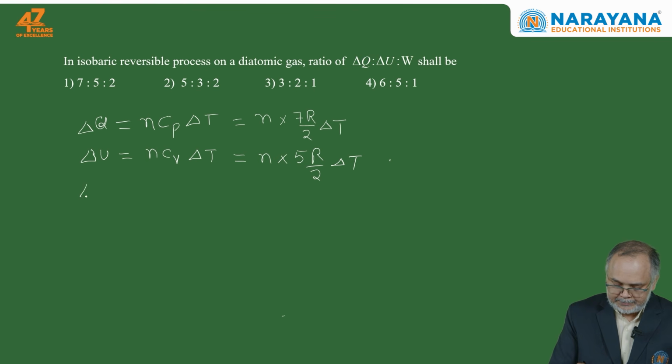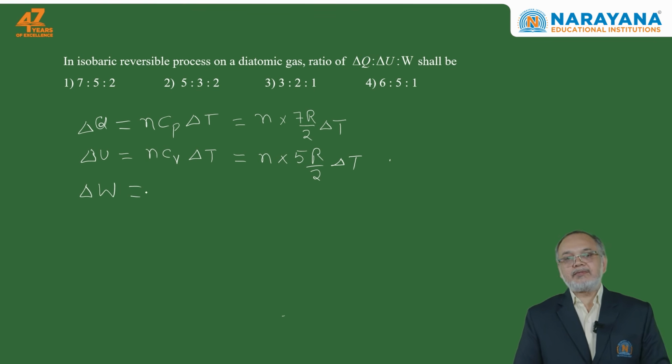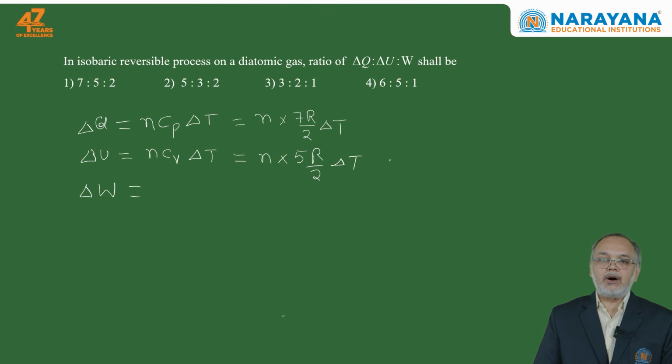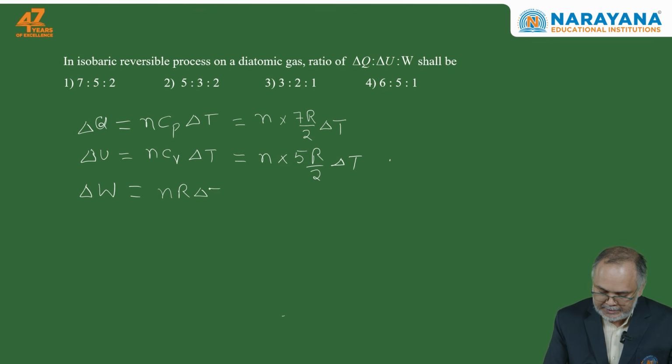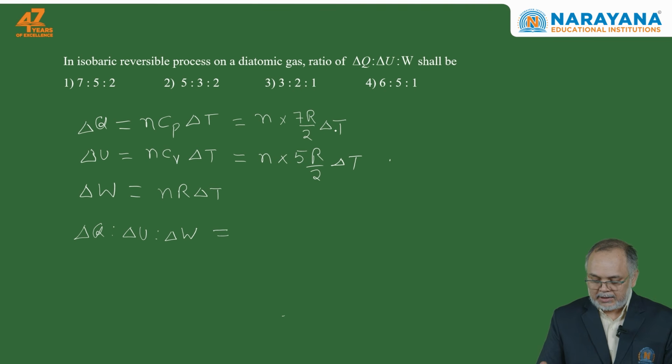Now work done. In case of isobaric process, we have the formula P delta V, or we can write nR delta T. So the ratio of these three, delta Q is to delta U is to delta W: in all the cases the nR delta T term will be cancelled.